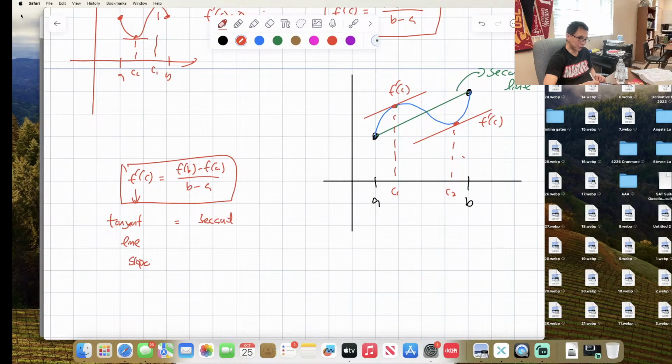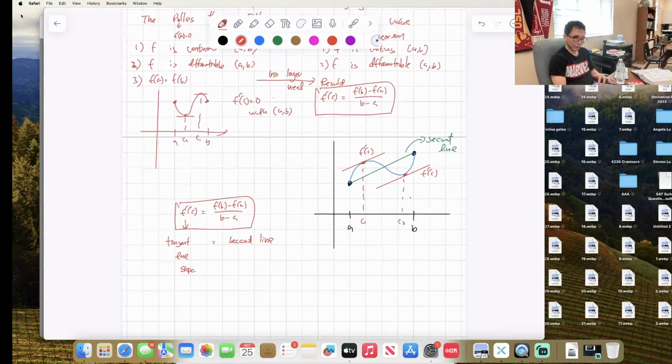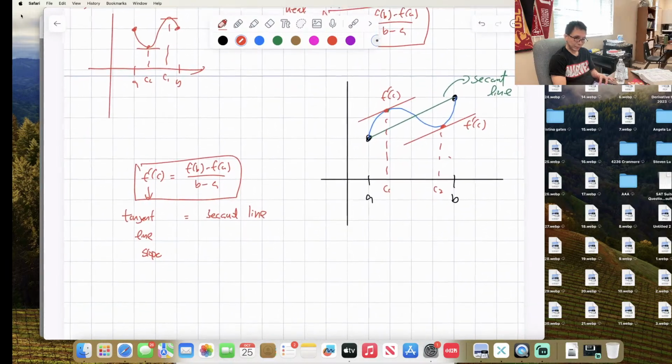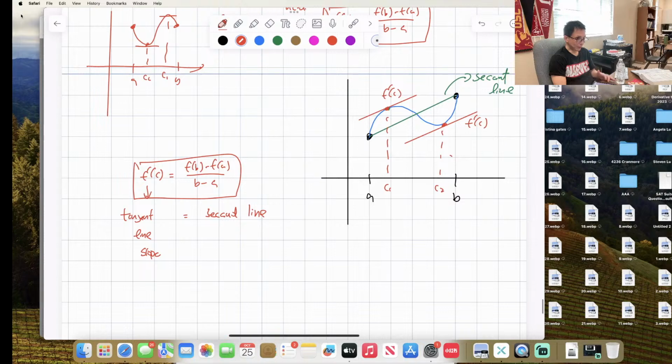It must go through that. It has to have exactly the same slope at some point in time. Even in a straight line, you have the same slope at every single moment, but you have to have some point that's exactly the same. So that's the Mean Value Theorem.